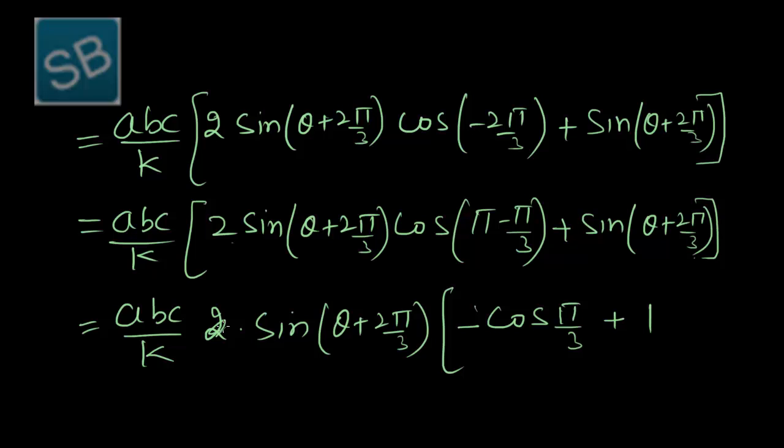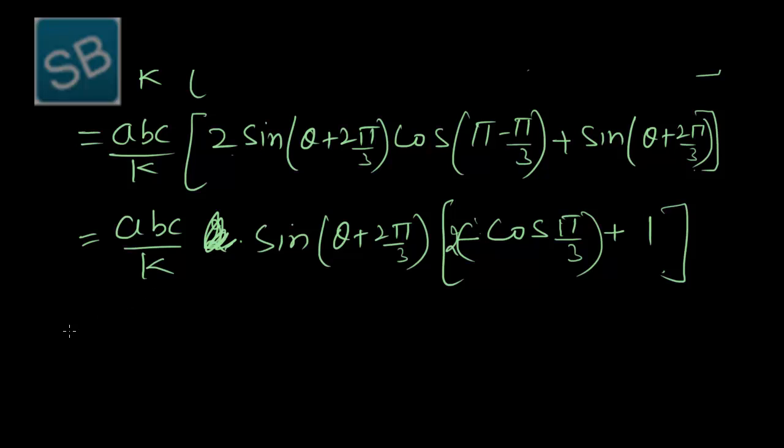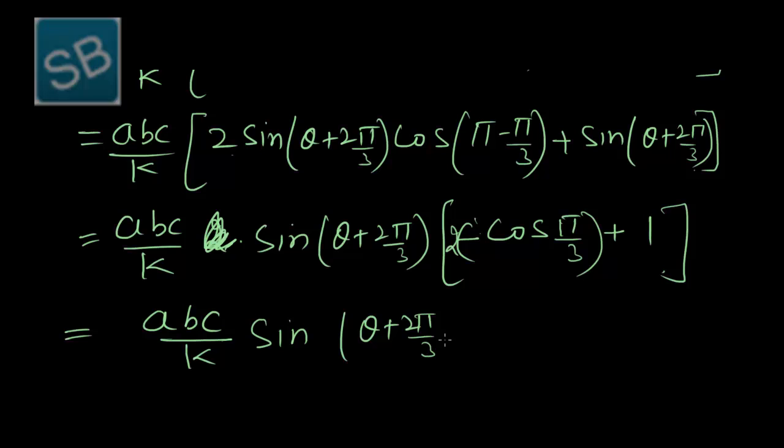Here the 2 is only here, not taken out common, so it will be written as 2 into. What is the value of cos pi by 3, that is cos 60, its value is half. So we get ABC over K into sin theta plus 2 pi over 3 into 2 into minus half plus 1.